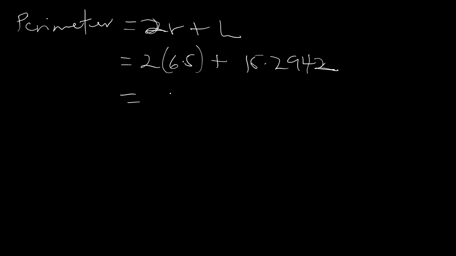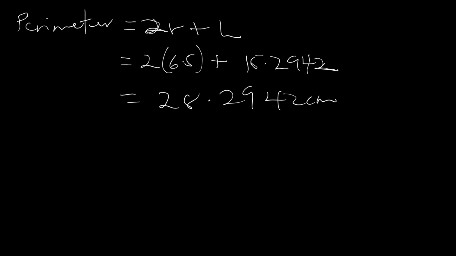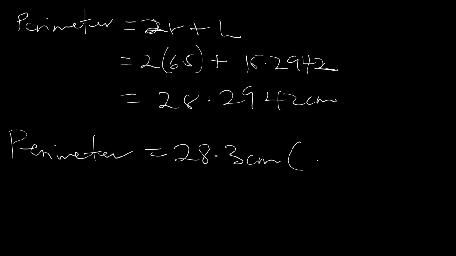And this gives us 28.2942 centimeters. From our question, we are being asked to correct our answer to 1 decimal place. So then our perimeter will be equal to 28.3 centimeters. That's to 1 decimal place.